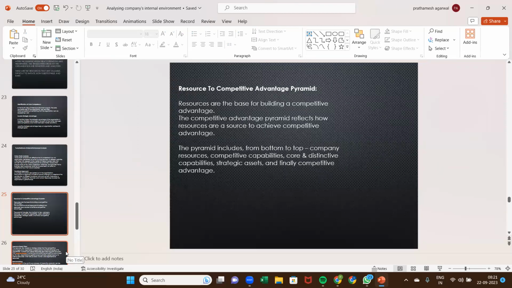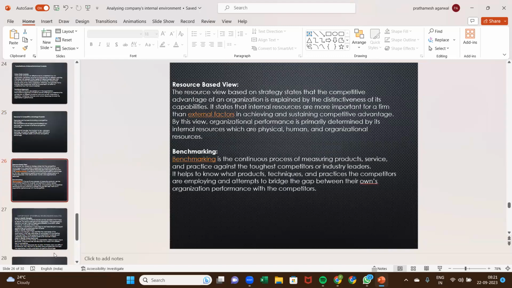What competitive edge does Lakme have over other cosmetics? Or what competitive advantage would a Maruti Suzuki car have over a Nissan car? These are competitive advantages because there is more value to the product.